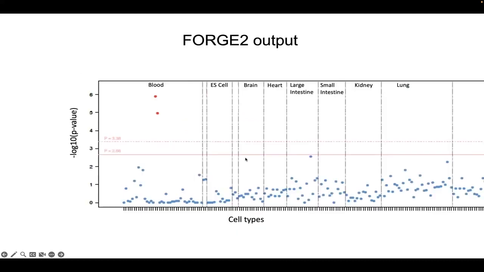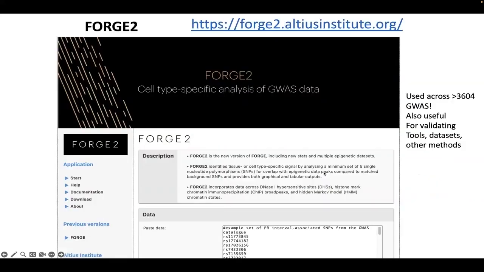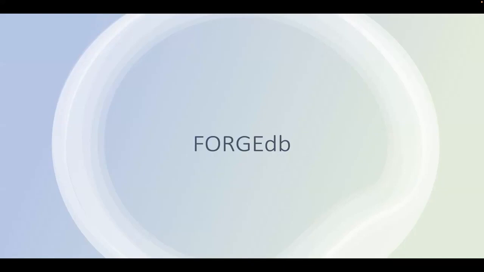And then it overlaps both background sets and input sets against regulatory elements, and you end up with a p-value. Okay. So that's the interesting fact about FORGE2. You end up with a list of minus log 10 p-values, and enrichments typically for target cell types. So CD14 monocytes are enriched for this particular GWAS. So far so good, and that's FORGE2.